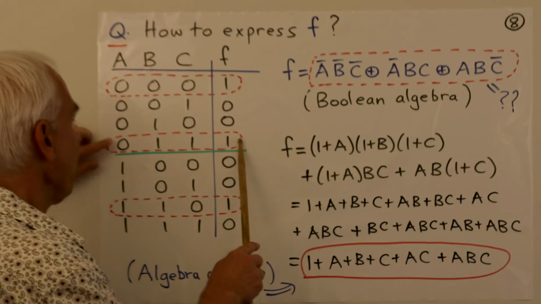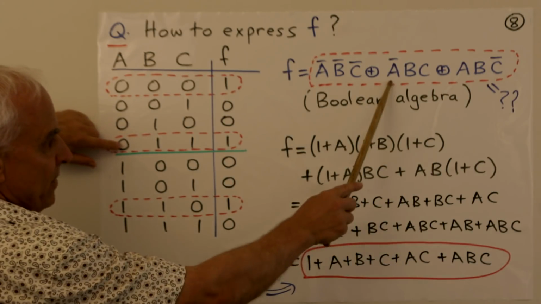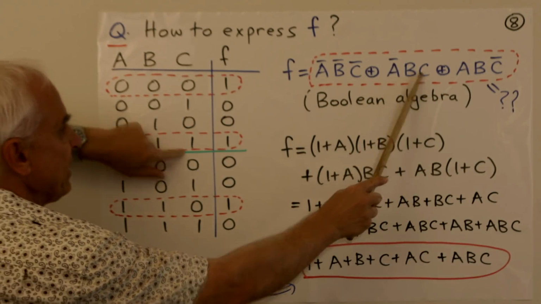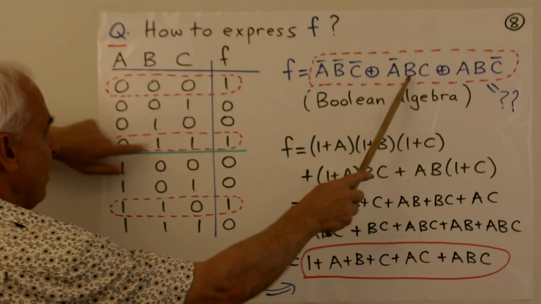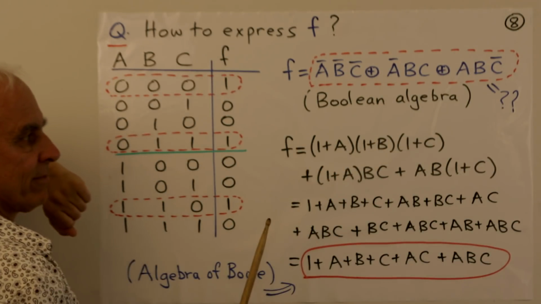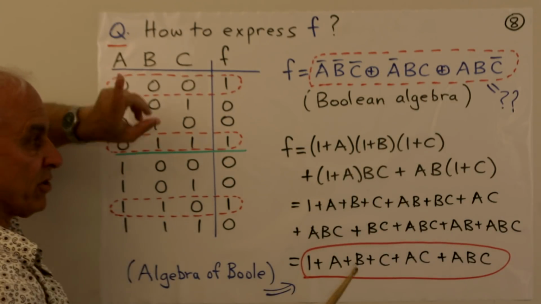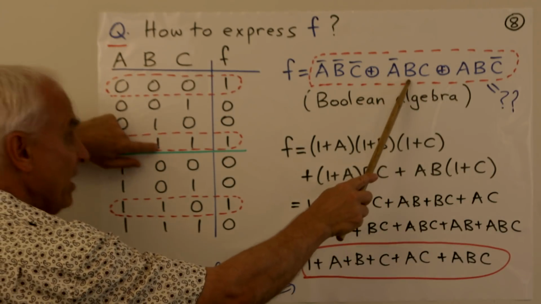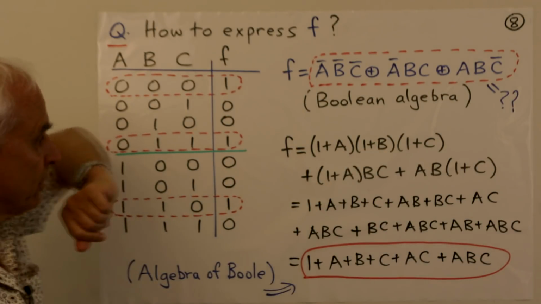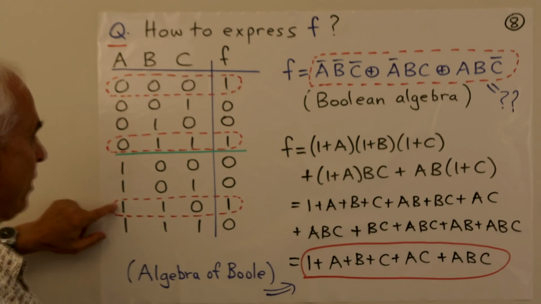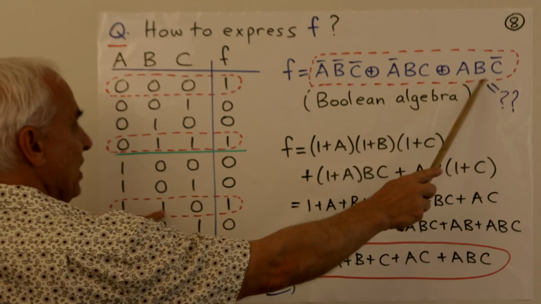And then the next one here, well, that's described by A bar B C, because there's a 0 in the A place and a 1 in the B and C places. Otherwise, the argument's the same. This will be 1 precisely when A is 0, B is 1, and C is 1. And then the next one down here, we get A B C bar.